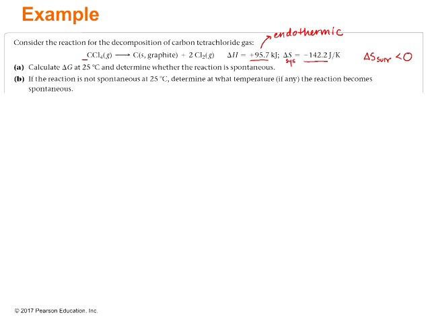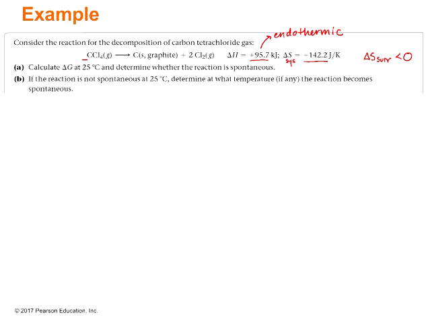And remember, we care about delta S of the universe. So we need to determine the magnitude of delta S of the surroundings versus delta S of the system before we can really estimate if this is spontaneous or non-spontaneous. So what we'll do instead is calculate delta G, and that will tell us whether it's spontaneous.